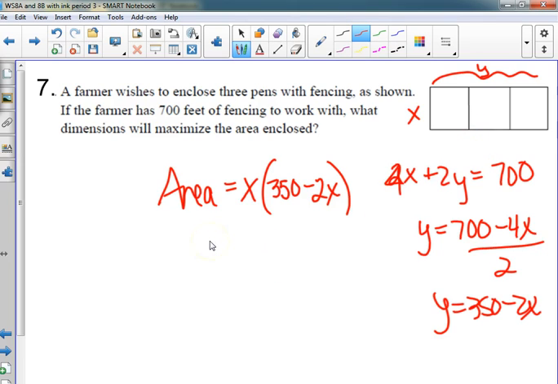You're trying to find the dimensions of the whole enclosed area. So that's why you should just call this x and y.